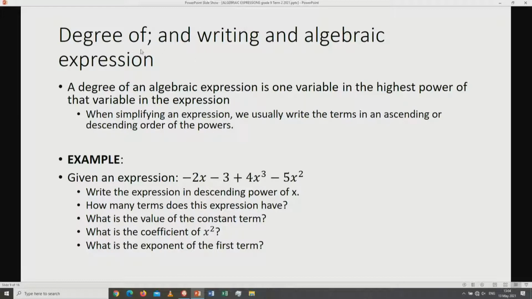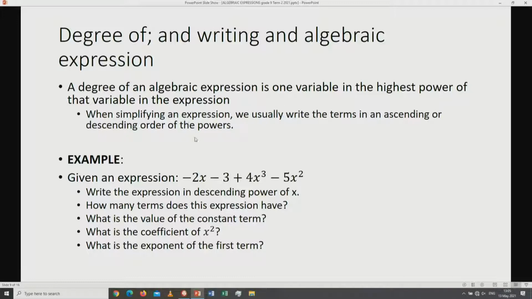The degree of an algebraic expression. When we refer to the degree of an algebraic expression, it is the highest power of a variable in the expression.